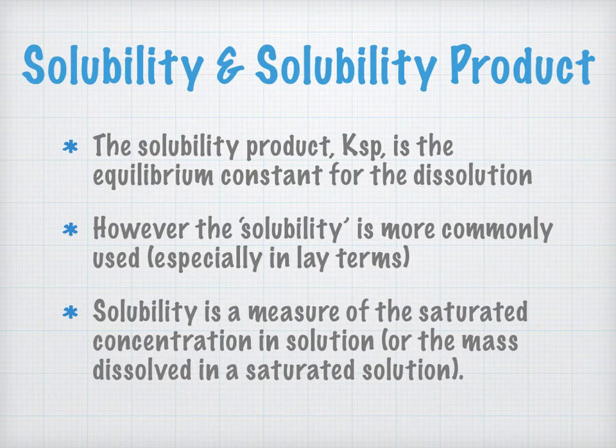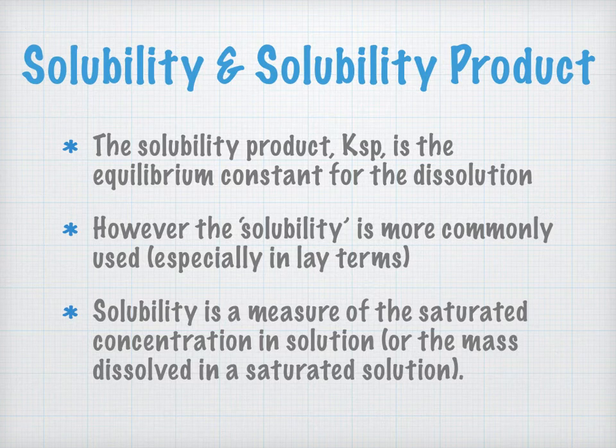So our nomenclature is a little bit odd in terms of what we mean by solubility. My solubility product I've already introduced as KSP, but my solubility tends to be the term that you see out in the wild. Now, to a chemist, we would probably put the solubility as the number of moles of something we can dissolve, or more precisely, the concentration of that thing in solution when that solution is saturated.